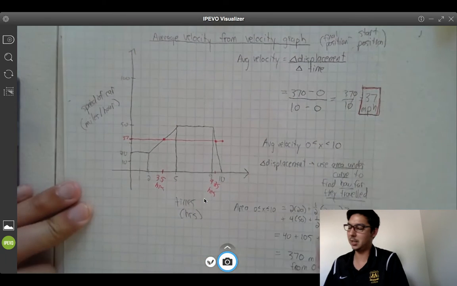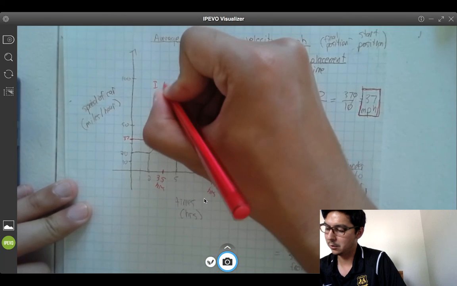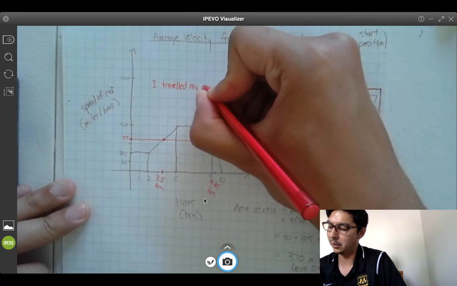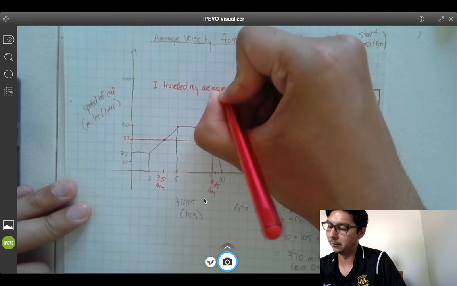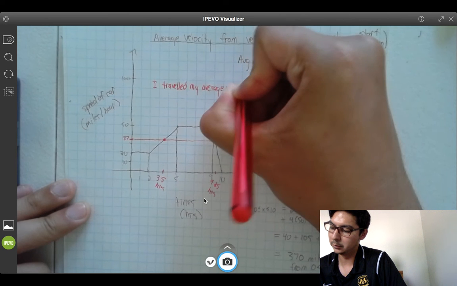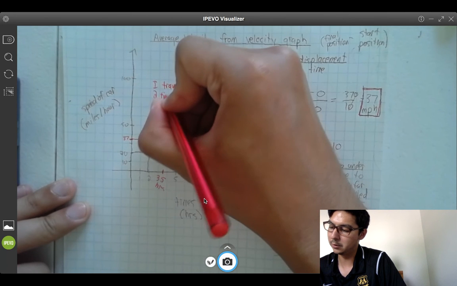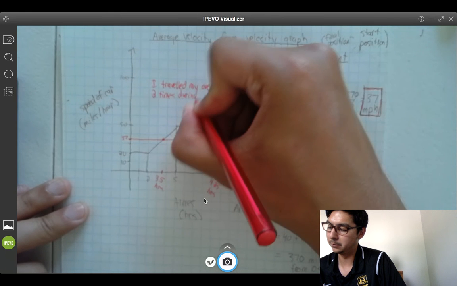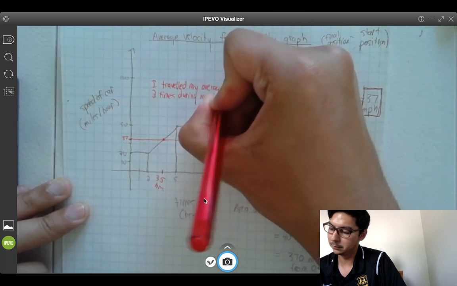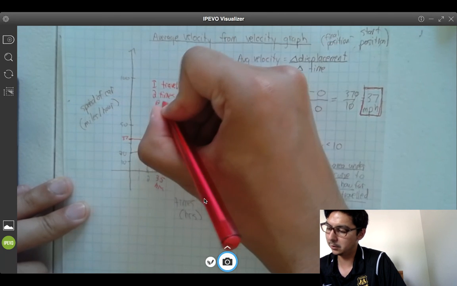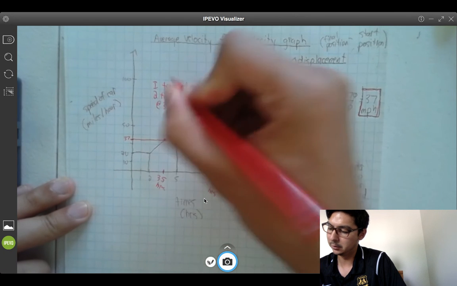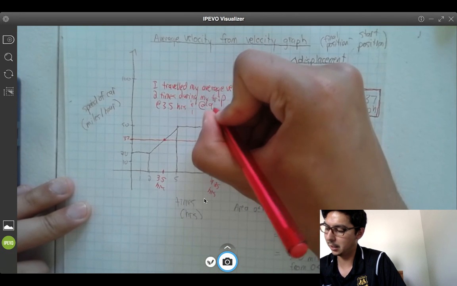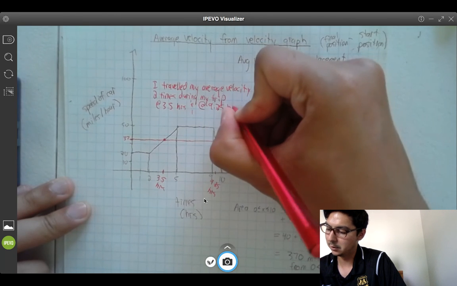So I could say here that I traveled my average velocity 2 times during my trip, at approximately 3.5 hours and approximately 9.25 hours.